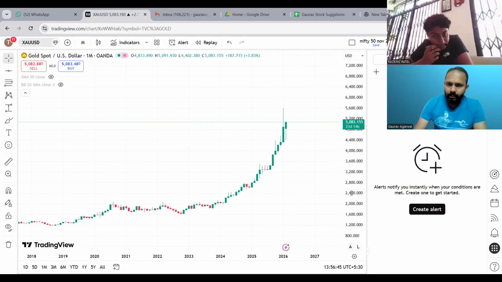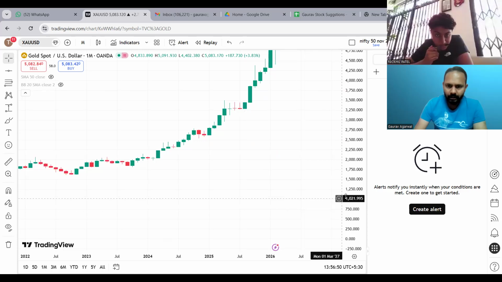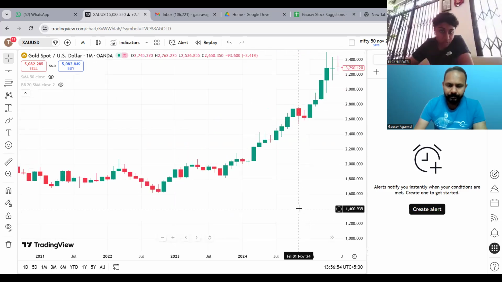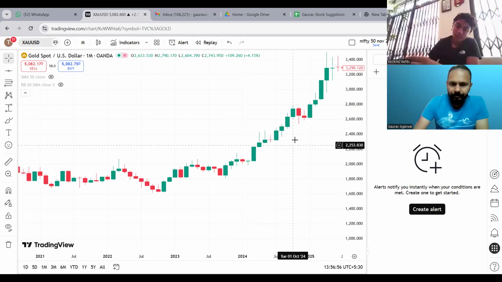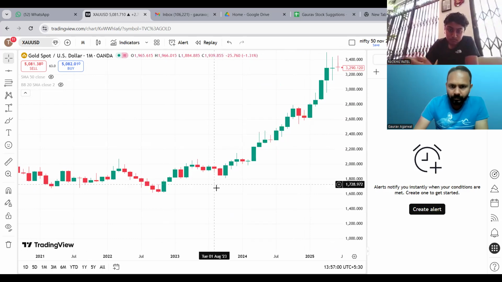See, tweezer bottom normally forms at the bottom. In this, what happens? There will be two candles.